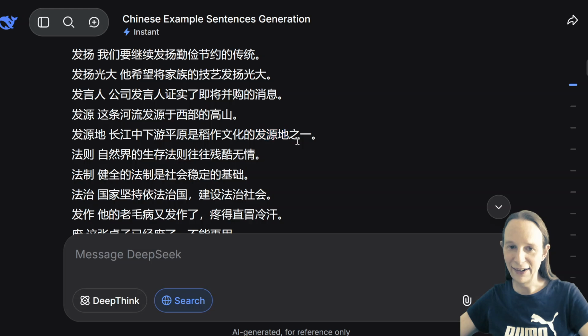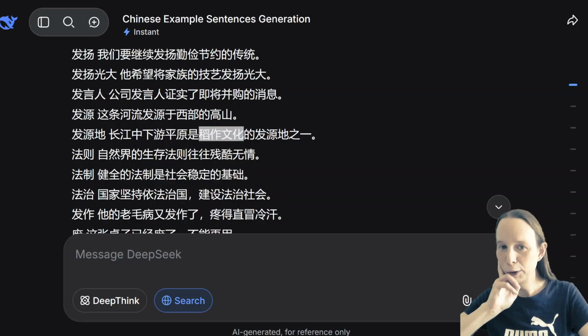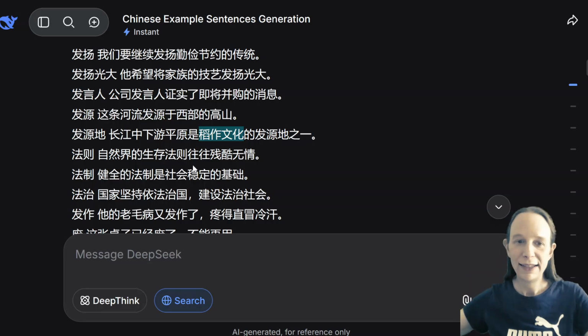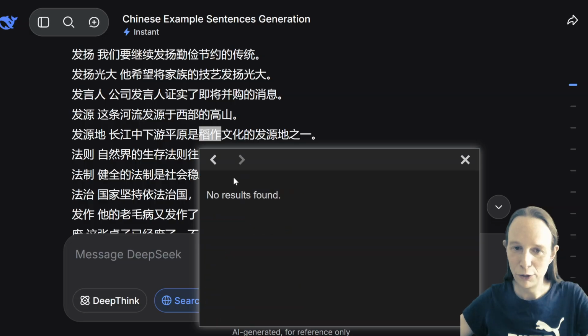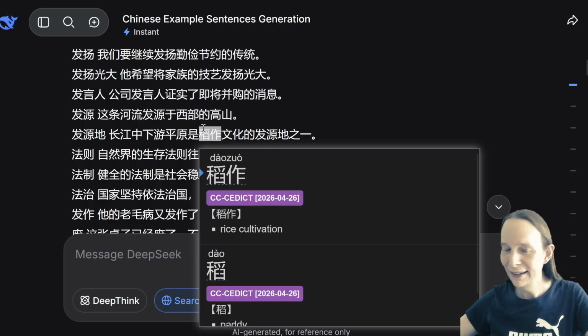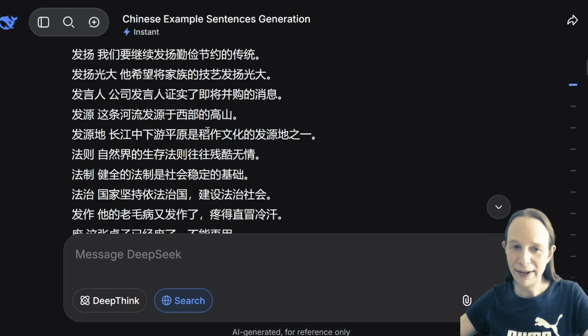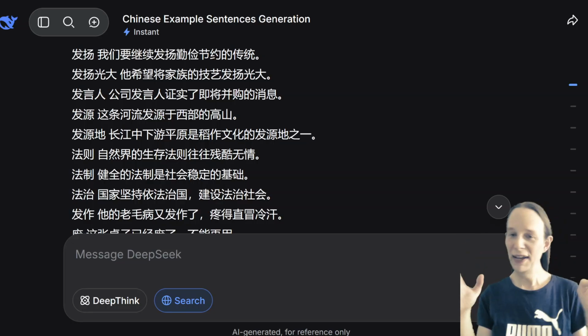All right, so it's one of the birthplaces of whatever this is. 稻作文化, some kind of culture that involves. Oh, okay, so 做 here is work, I guess. Or cultivation. All right, anyway, it's where rice cultivation began.